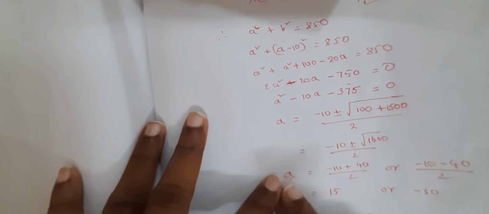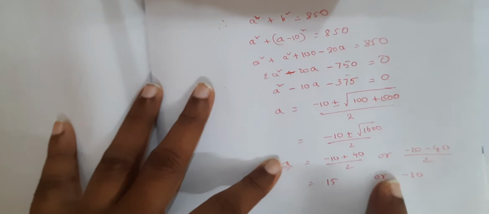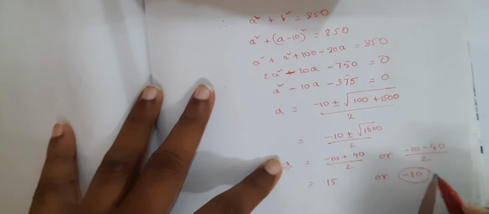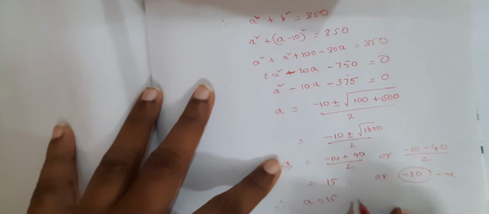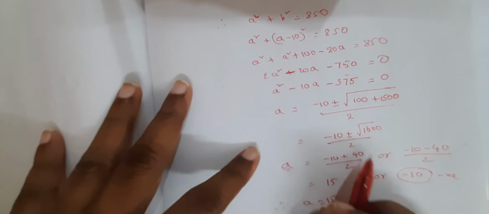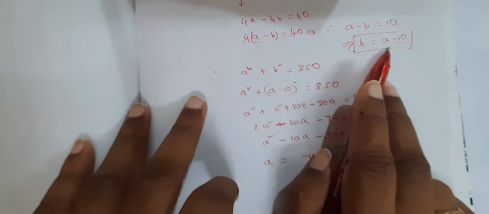But what is A? A is a side of a square. A side can never be negative. Therefore, A is equal to 15, which implies, now what is the relationship between A and B? We got B is equal to A minus 10. We got A as 15. 15 minus 10 is 5.